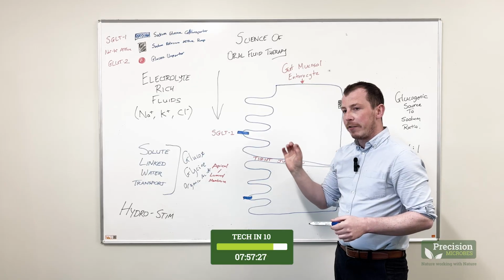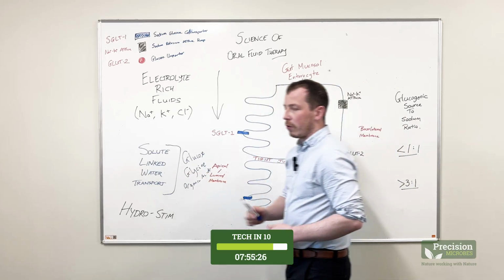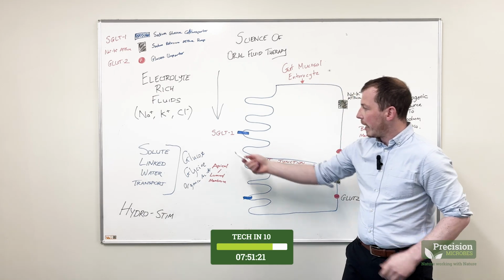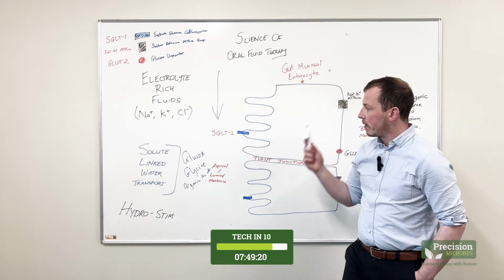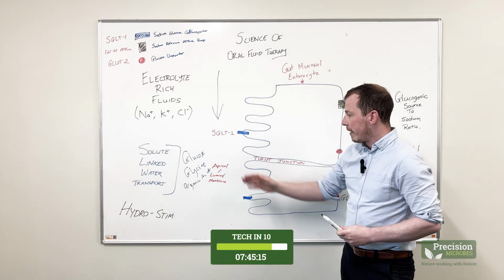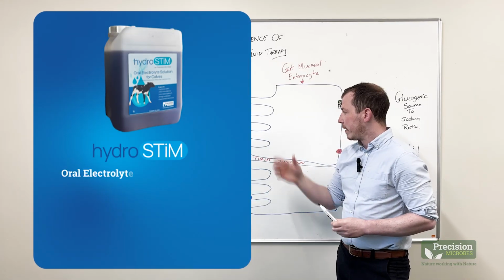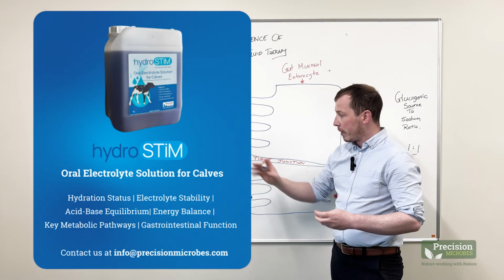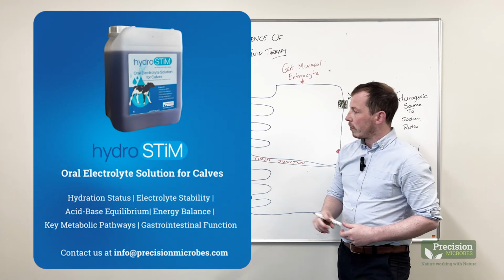But what we're doing here is we're trying to get water across by the action of these receptors. So you'll see here I have SGLT1, which is sodium glucose linked transporter 1, and it's there on the luminal surface of these enterocytes. Now, what exactly does this receptor do, particularly when we're talking about solute-linked water transport?